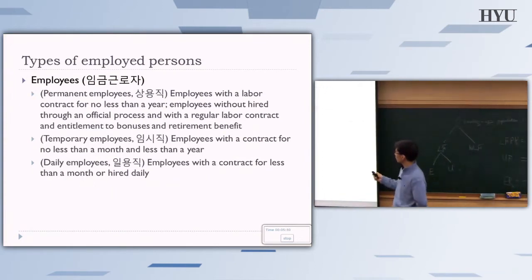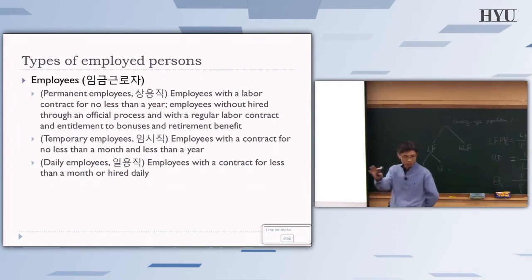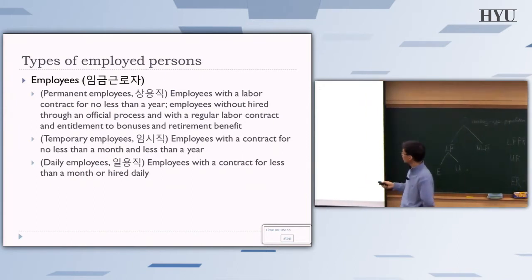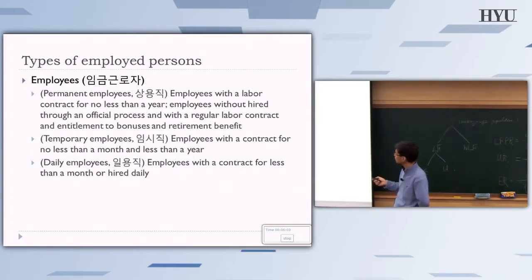But those people who are hired through an official process and have a regular contract in the company and are entitled to bonuses and retirement benefits, we call them permanent employees. In general, we can say that these are more stable jobs, and the others are less stable.